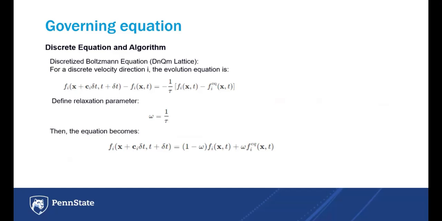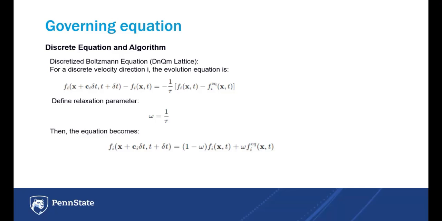So now that we have defined the discrete velocity sets and the phase space discretization, we are ready to introduce the discrete Boltzmann equation used in LBM. For each direction i, the LBM can be written with two clear parts.